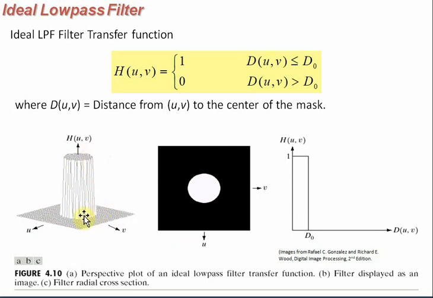This is one representation. What is the nature of H(u,v) according to this one? This is the filter displayed as an image. This is a plot of the ideal low pass filter transfer function, and this is the filter radial cross section.